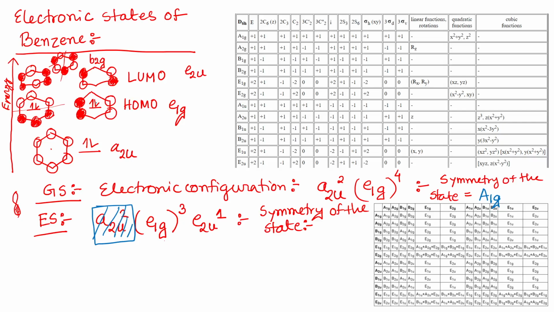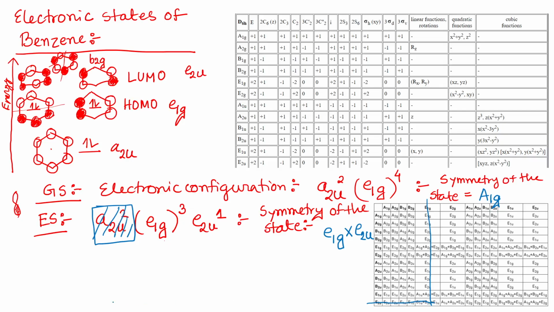So suppose one of the electrons has been promoted there, from any one of the orbitals. One of the orbitals is fully filled, so I also don't have to think about that. So I have to take only one of E1G and E2U. E1G goes like this and E2U goes like this.